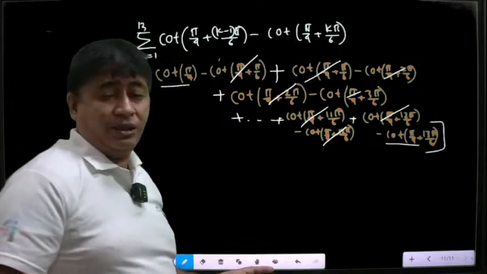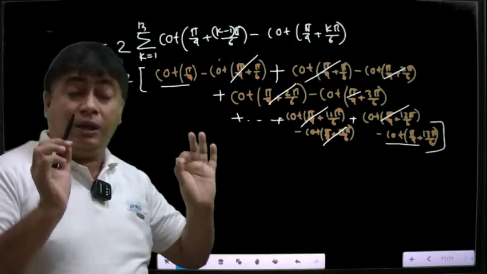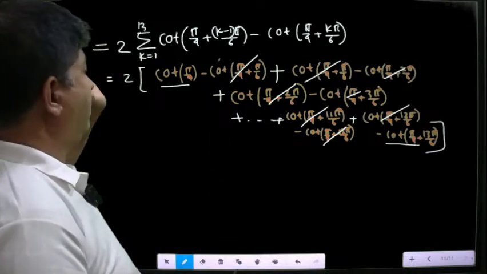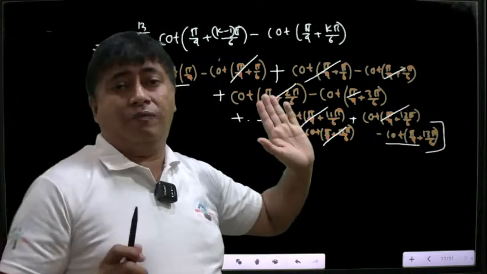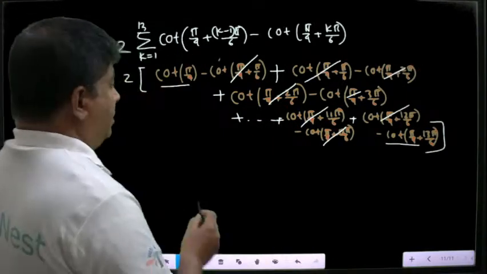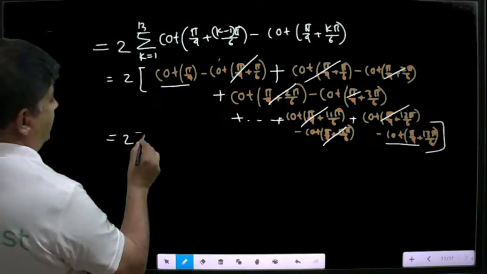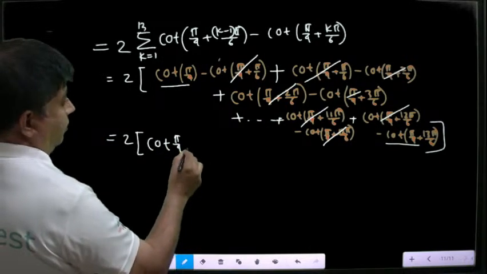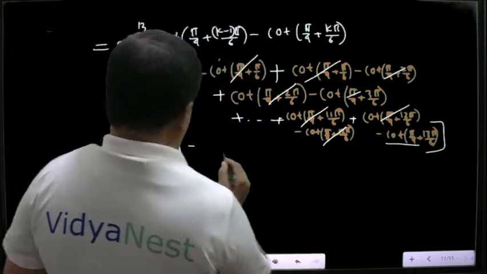Once you get grip on this type of sum, you write without closing your eyes and folding your arms, you just write first and last. Okay? So, what is the residue? Cot pi by 4 minus this thing.